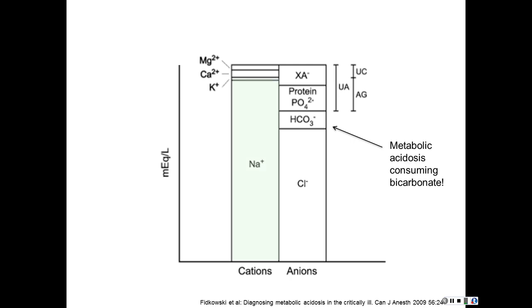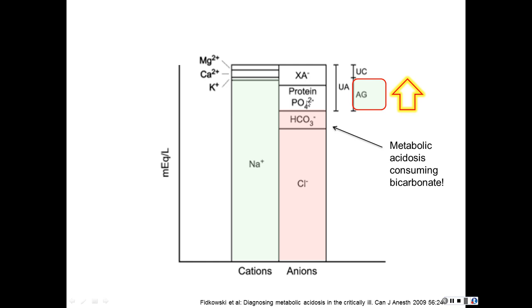You can also get tricked up if your proteins are low at the same time. You may not catch this because you may have an increase in your anion gap from these non-volatile acids that are sort of organic acids. But you may at the same time have a decrease in the amount of protein.